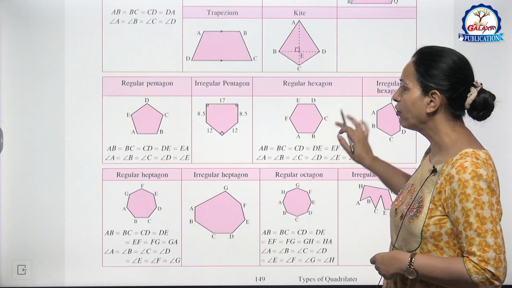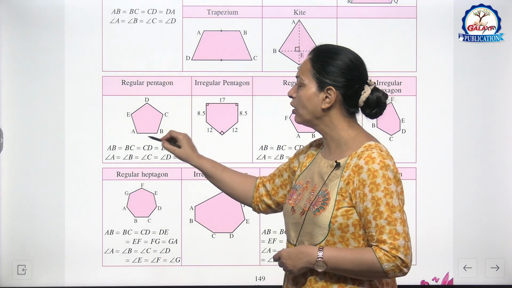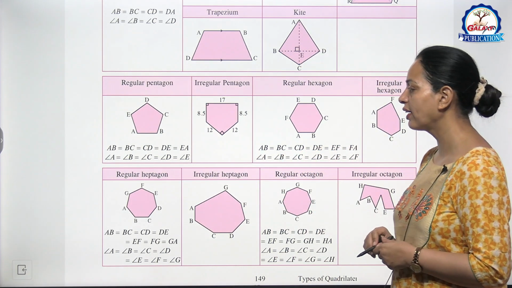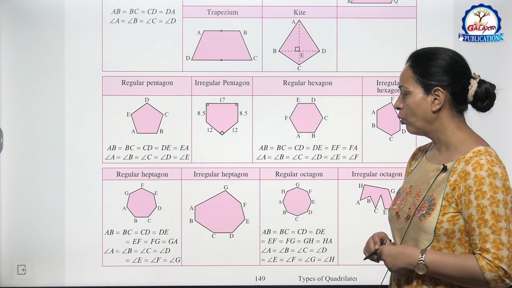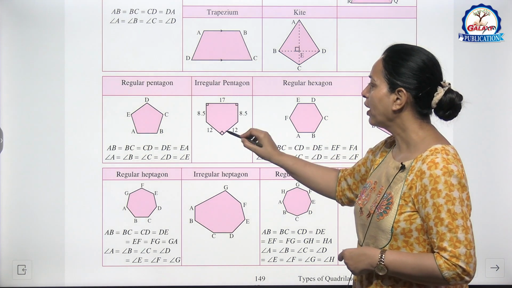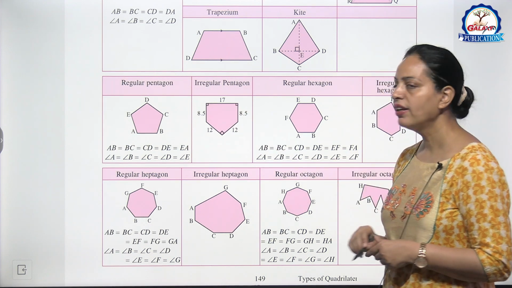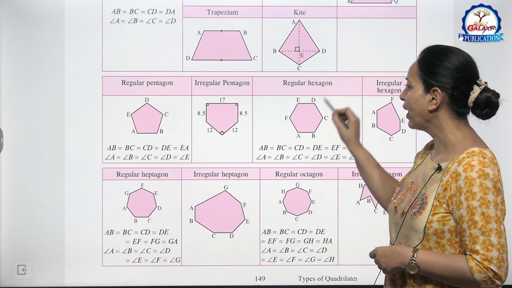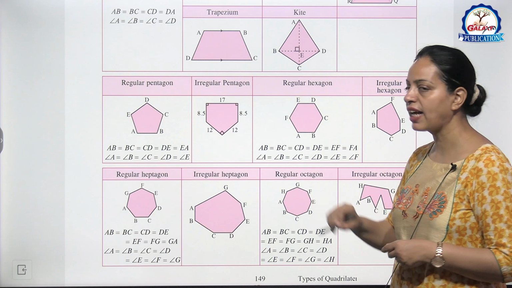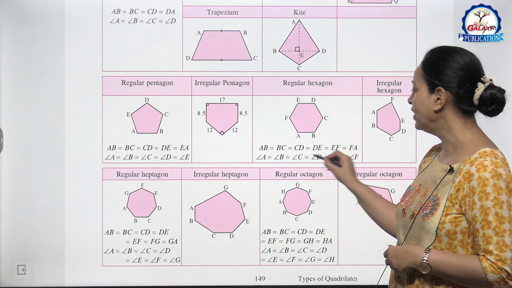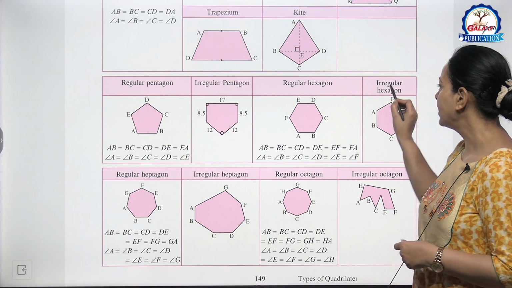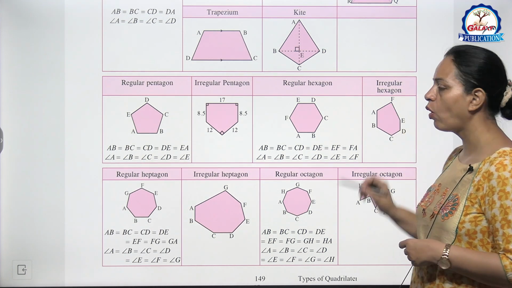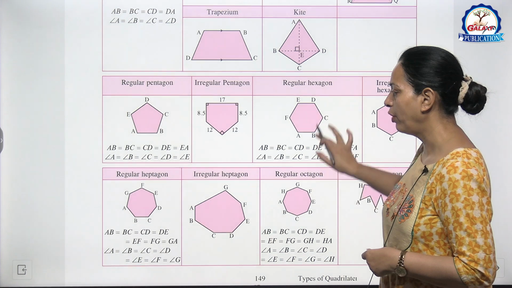Okay, now we have regular pentagon. When all the sides are equal and all the angles are equal, this is a regular pentagon. Okay, and irregular pentagon when all the sides are different. Regular hexagon when all the six sides are equal and each angle equal, it is regular hexagon. Irregular hexagon will be when all the sides are different.